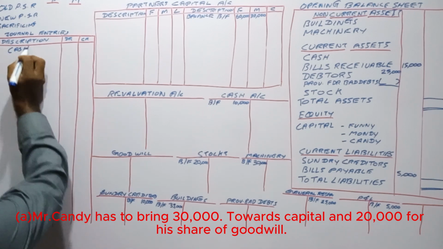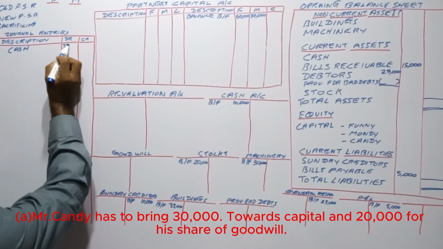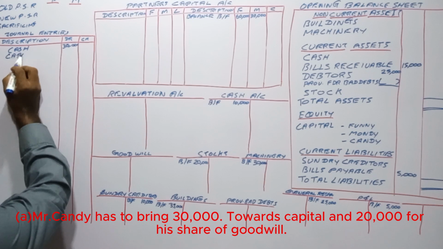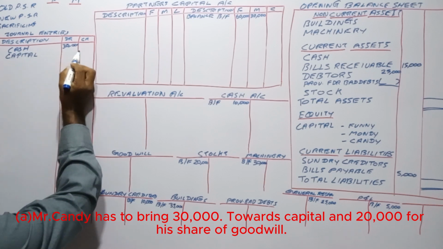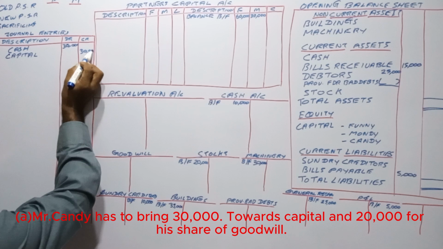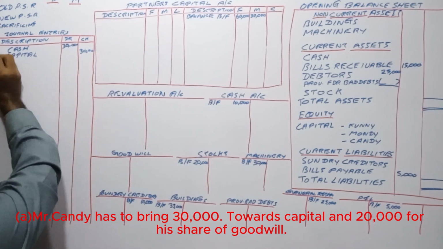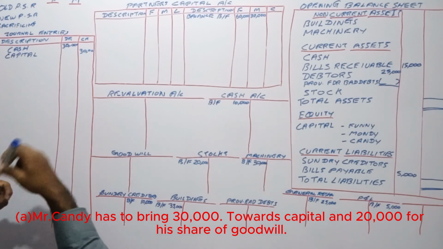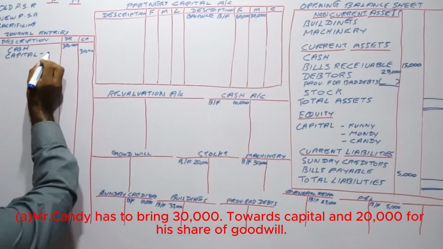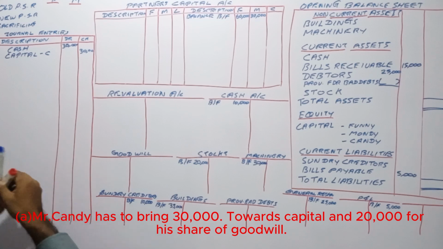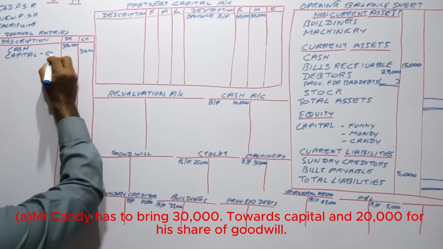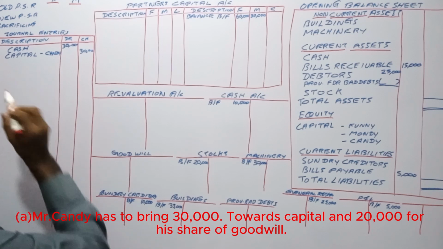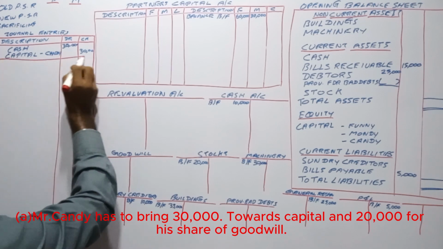So the entry is cash account debit 30,000 and capital account credit 30,000. The narration is capital brought by Candy. So the first journal entry is over.